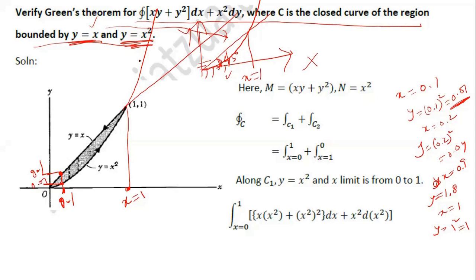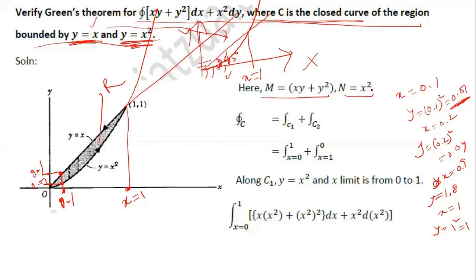So here you are considering a region on the xy plane bounded by the closed curve C, consisting of y equal to x and y equal to x squared. y equal to x is this straight line, y equal to x squared will be going like this. And the region under consideration here is the shaded one. From this, you see that M value is xy plus y squared, N value is x squared.